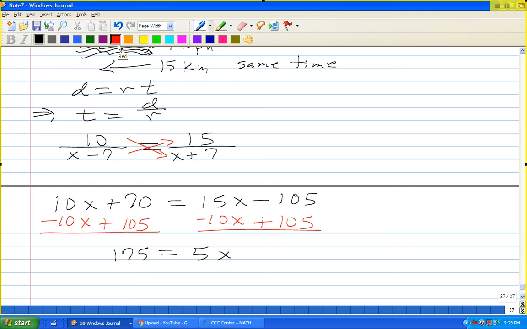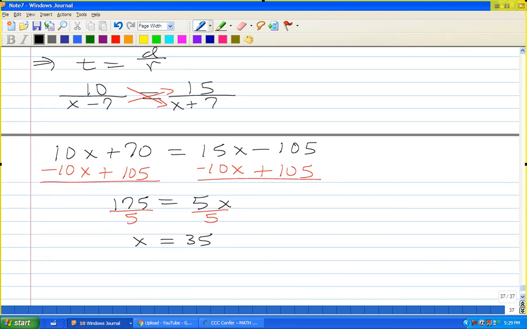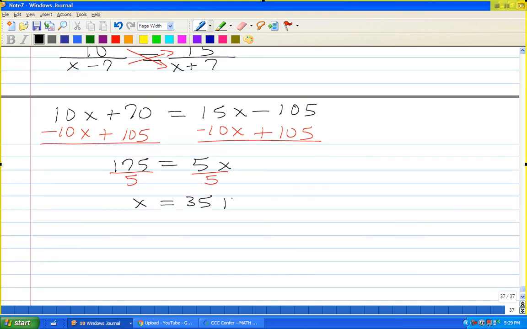Divide both sides of your equation by 5. And so I get that x is equal to 35. And so in still water, the boat normally goes 35 kilometers per hour.